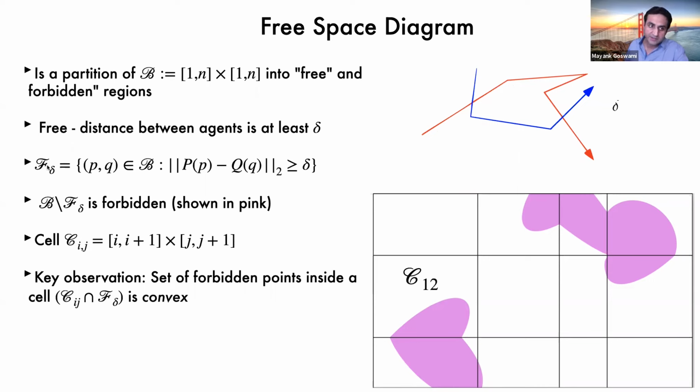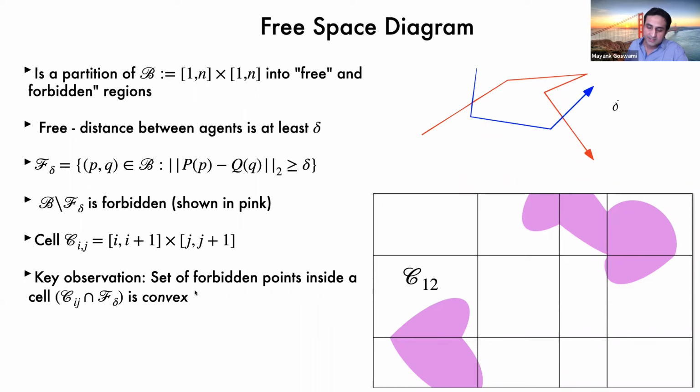And this is the free region, and the complement of the free region is forbidden. In this diagram, the forbidden region is shown in pink, and the free region is shown in white. This cell, for example, corresponds to the first edge of the first curve and the second edge of the second curve. So we call it C12.